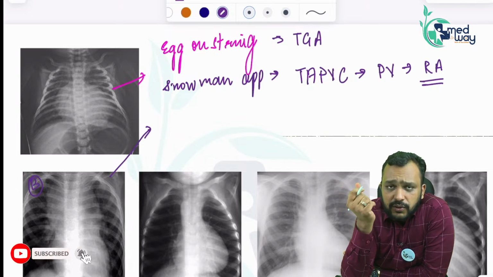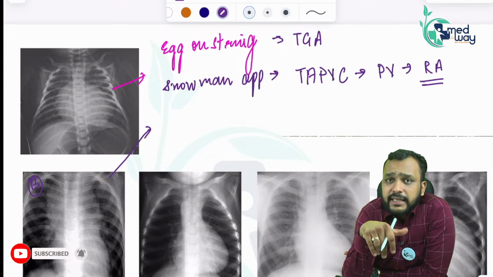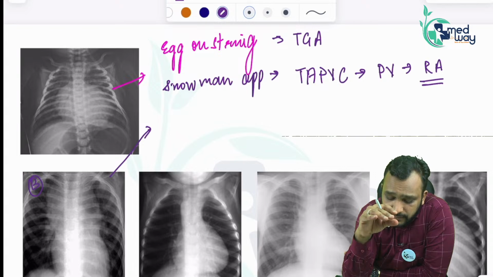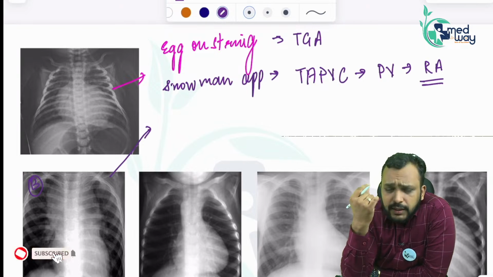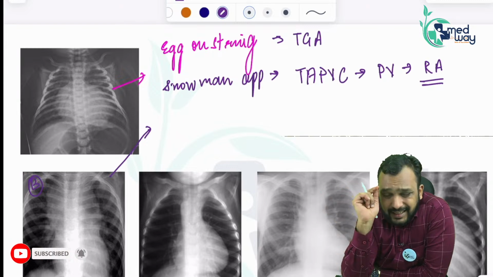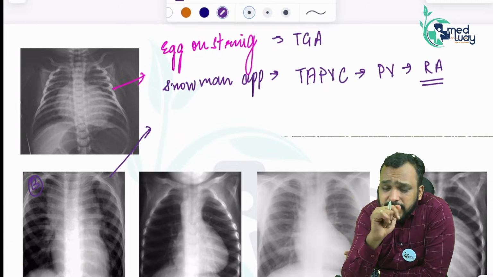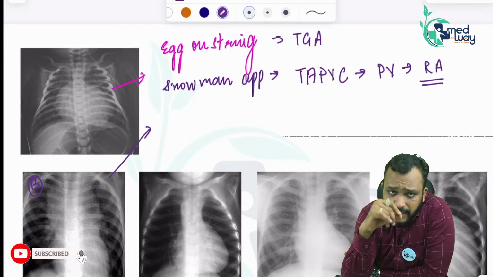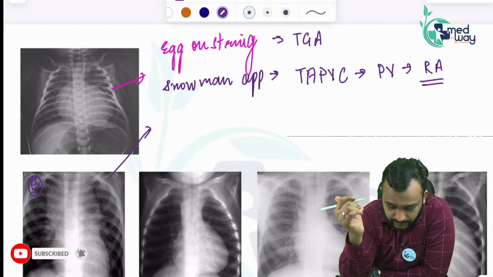In type 1 all the pulmonary veins are draining into the SVC. In type 2 all the pulmonary veins are either draining into the right atrium or coronary sinus. In type 3 all the pulmonary veins are draining into the IVC. And type 4 can be a mixed type, right?